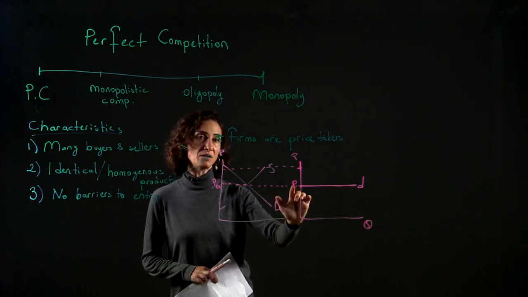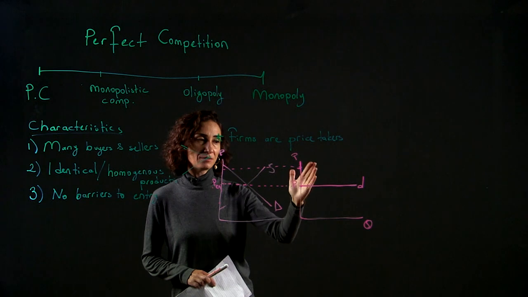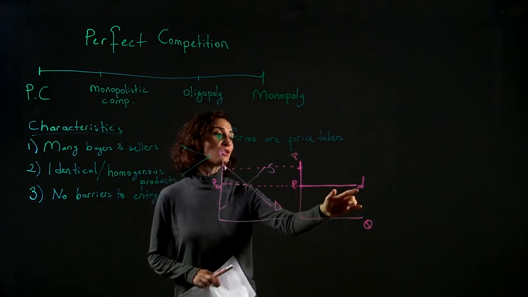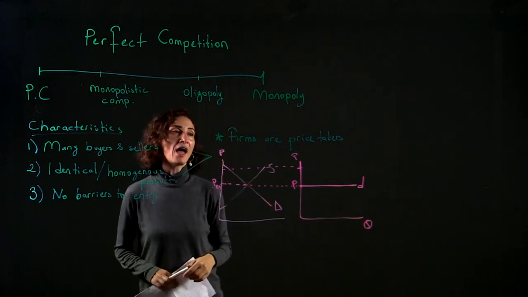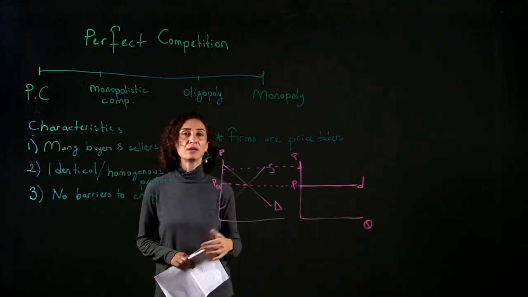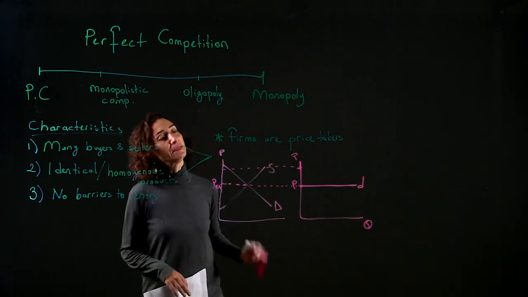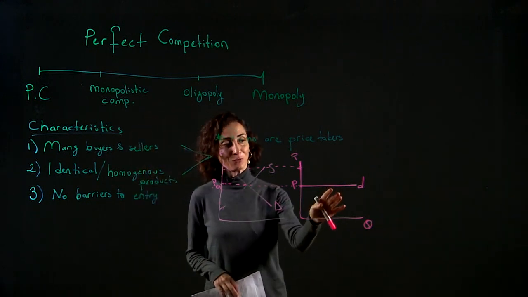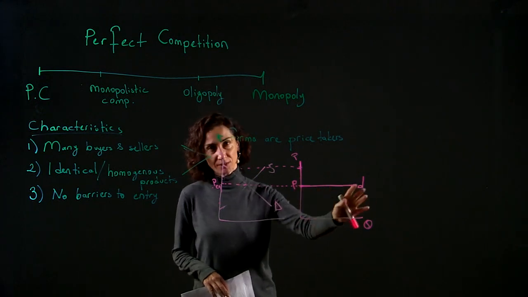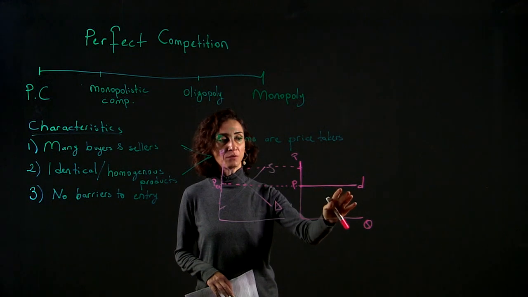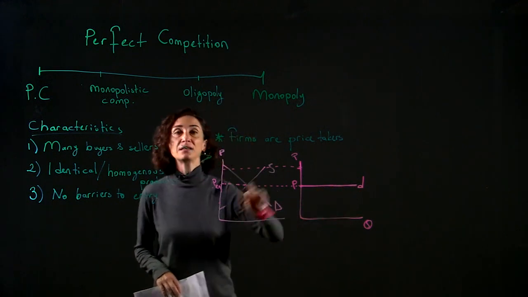There is no other price that they can sell their goods for. So this is the individual demand curve, and this is what we mean by firms are price takers. This will be very useful for us to understand how firms maximize profit in a perfectly competitive market in a moment.